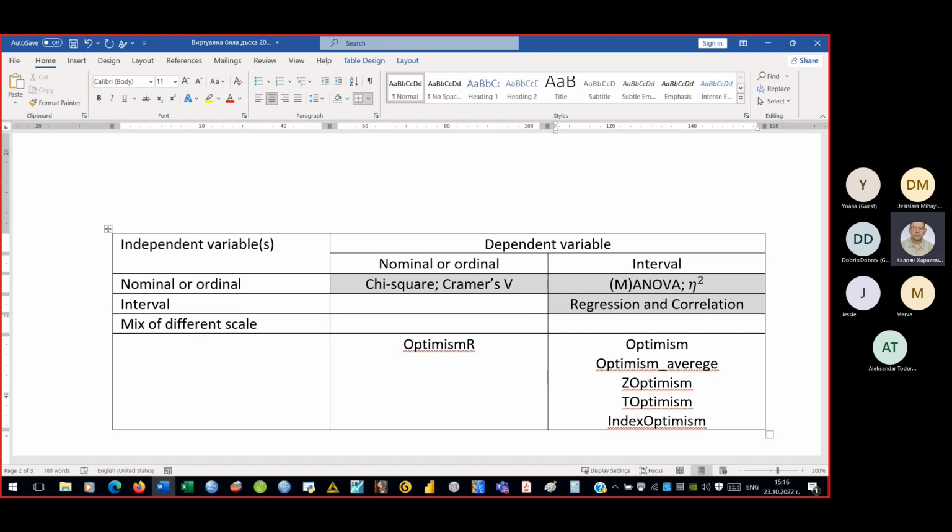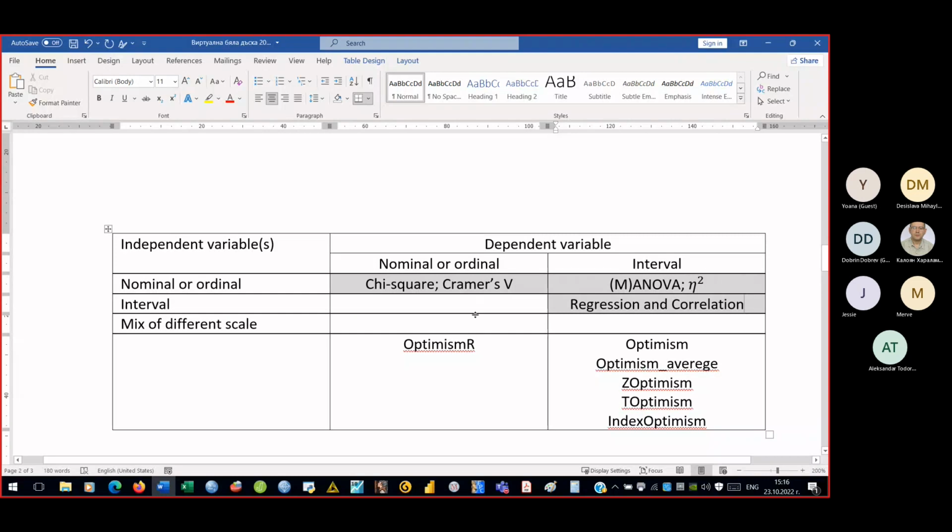Regression as a method for testing of hypotheses about the presence of the relation, and correlation as measures of the strength of relation.